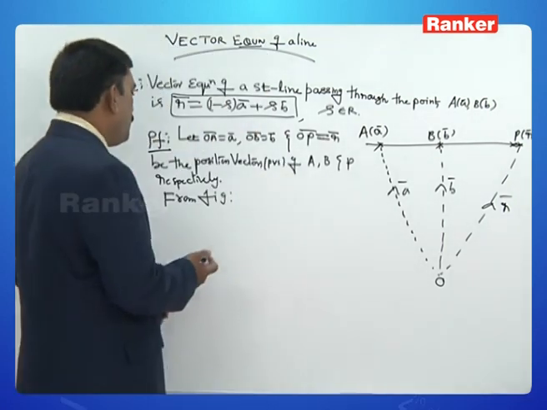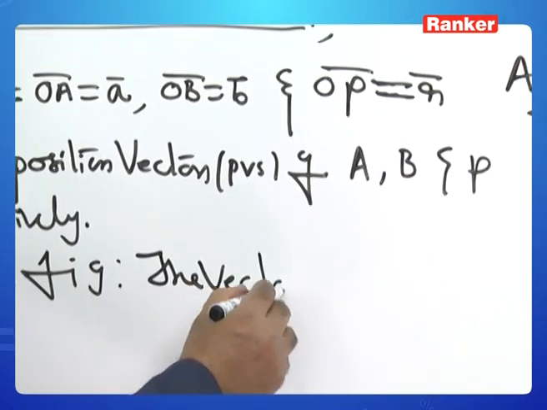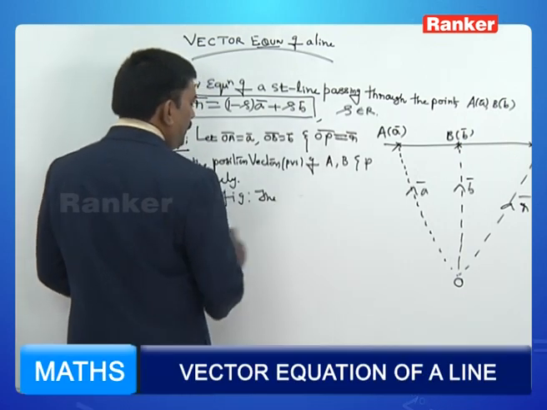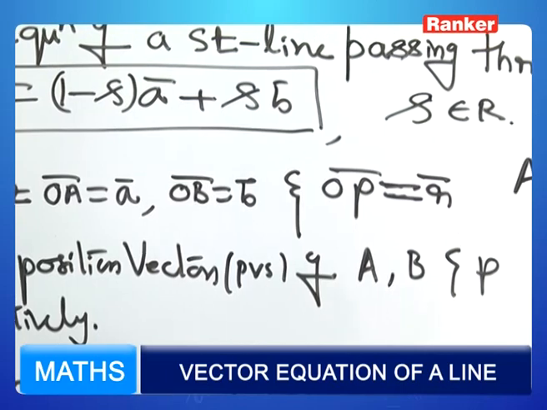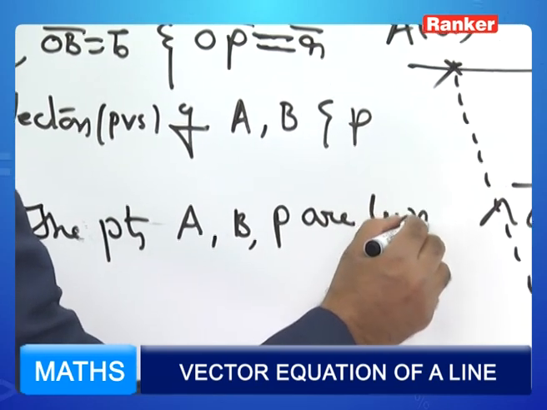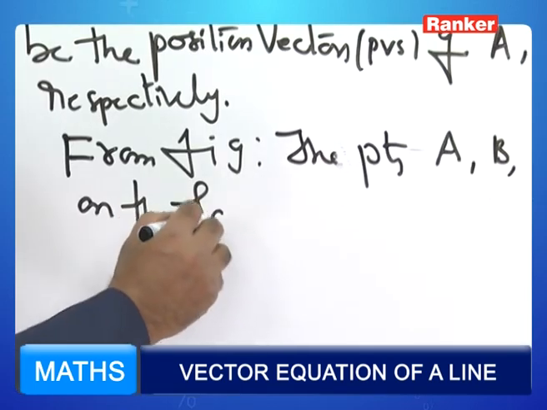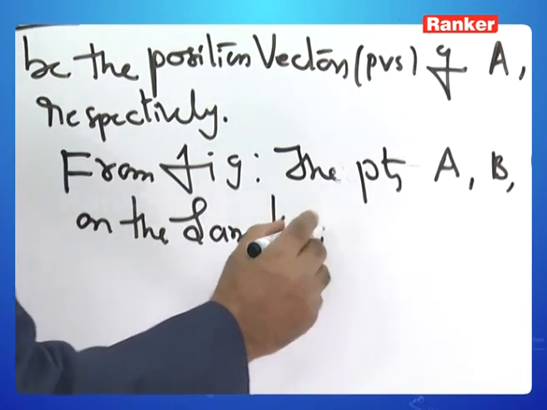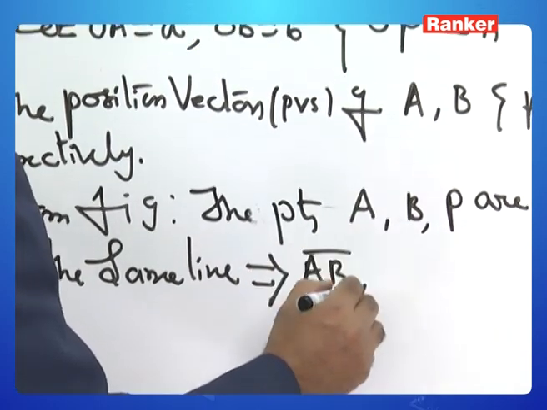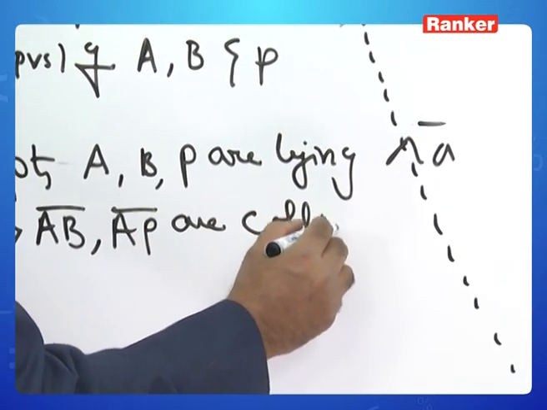So from the figure, the points capital A, comma B, comma P are lying on the same line, which implies AB bar, comma AP bar are collinear.